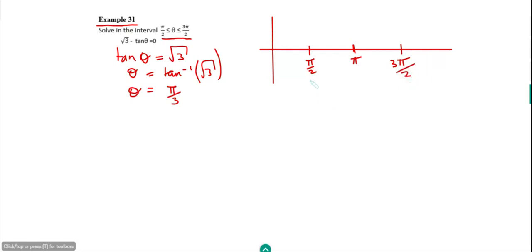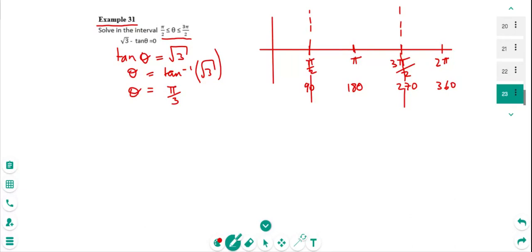And these are equivalent, if we were measuring them in degrees, to 90 degrees, 180 degrees, and 270 degrees. And then we're up to 2 pi, and that would be equivalent to 360 degrees. So if we draw the asymptotes in, and then draw the tan graph, what we'll find is it goes through at 0 and goes through at pi, and so the graph of tan would look like this.